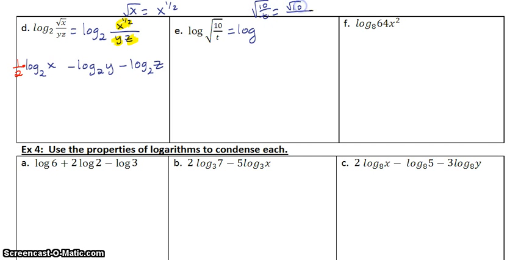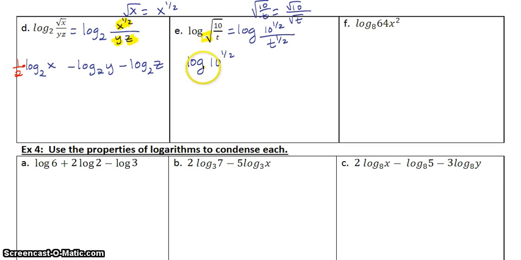And then also, because a square root is a 1/2 exponent, let's just immediately think of it like 10 to the 1/2 then divided by t to the 1/2. So I took the square root, I split it up, and then I changed the square root to a 1/2 exponent. And now you can see that I've got another quotient property going on. So I'm going to have log of 10 to the 1/2, and notice this is a common log, no base.